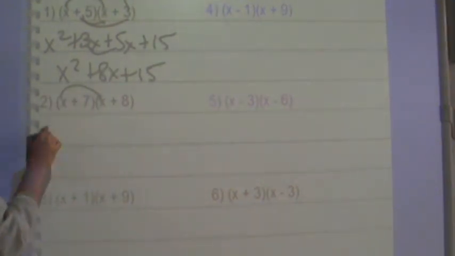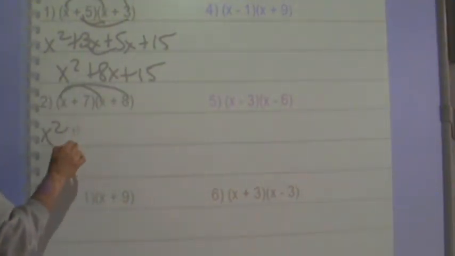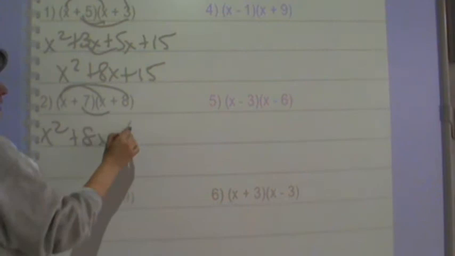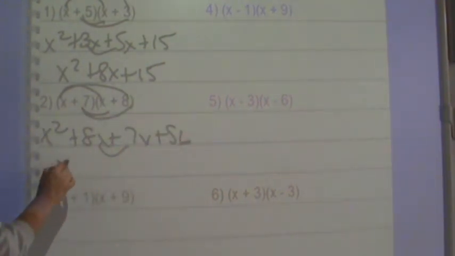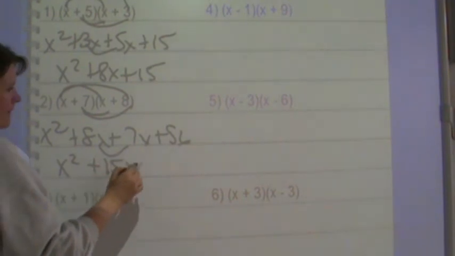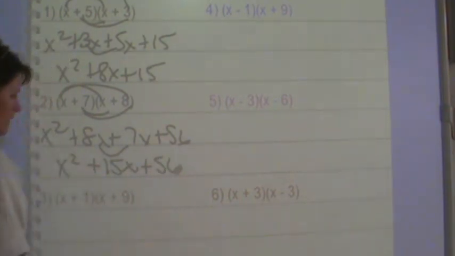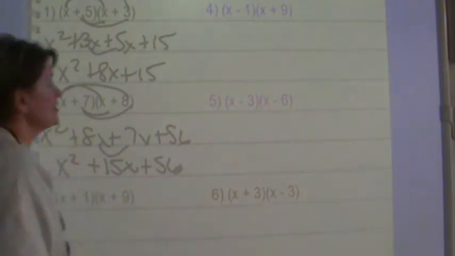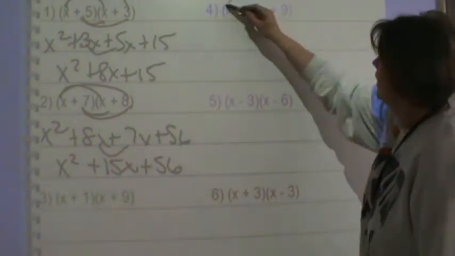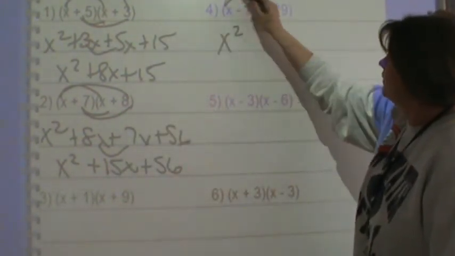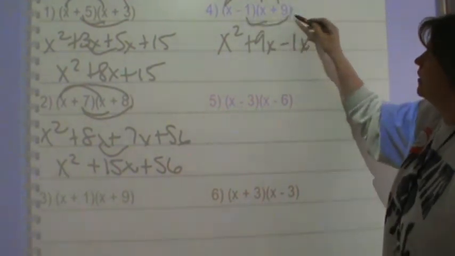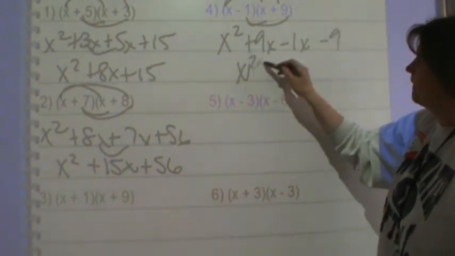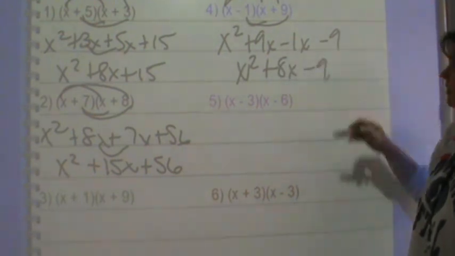X times x. X times 8. 7 times x. 7 times 8. Add them together. Another plus plus. Let's try one with a different sign. X squared plus 9x minus 1x minus 9. Combine my middles, and I get that.